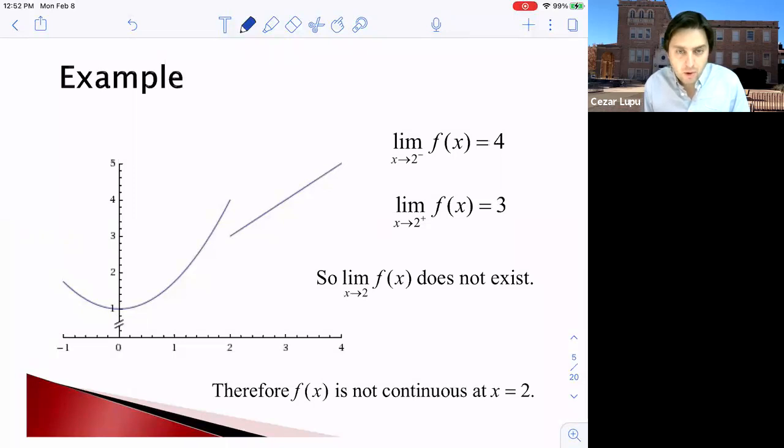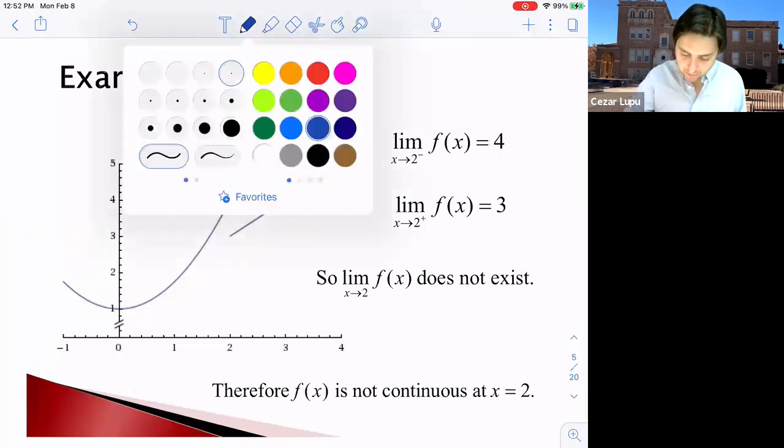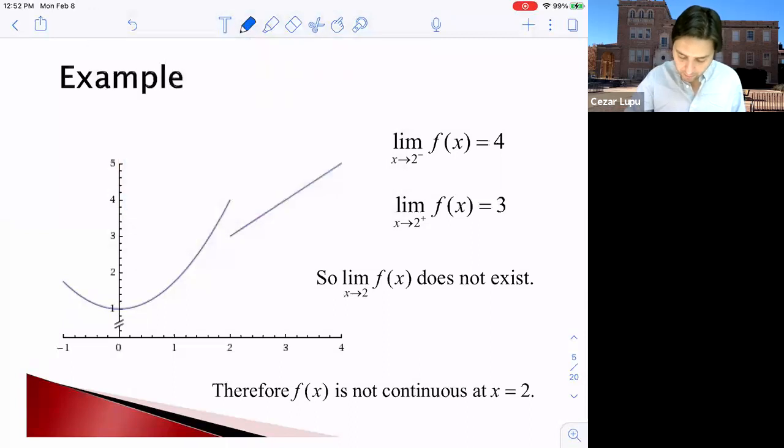Anyway, as you can see from the graph, when x approaches 2 from the left, pay attention, I mean for values less than 2. x equals 2 here is my critical number. We can separate the graph at the point x equals 2.